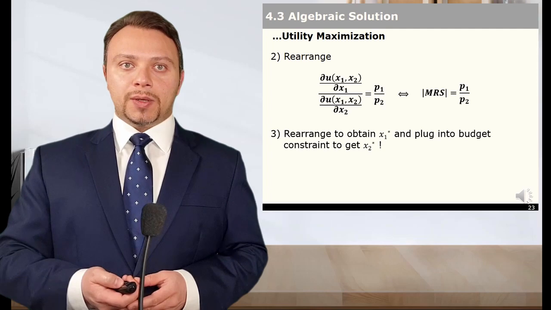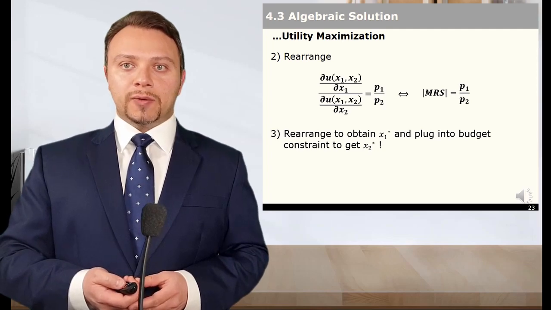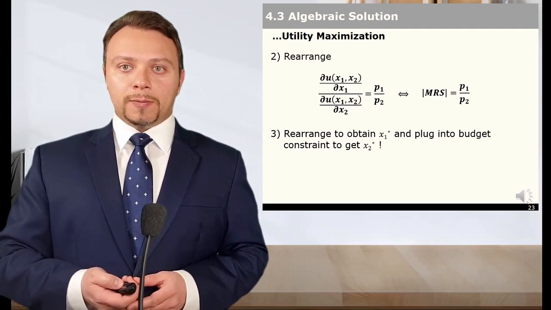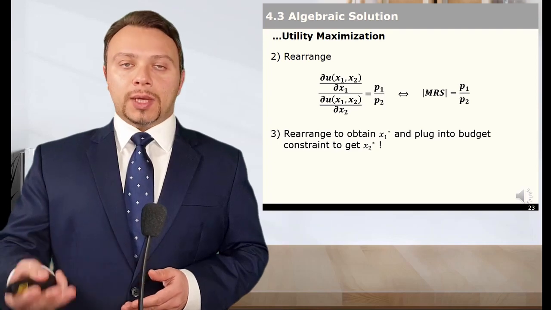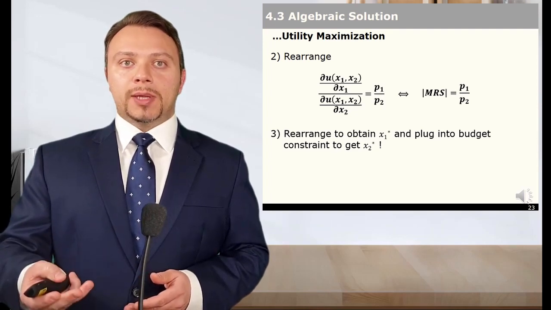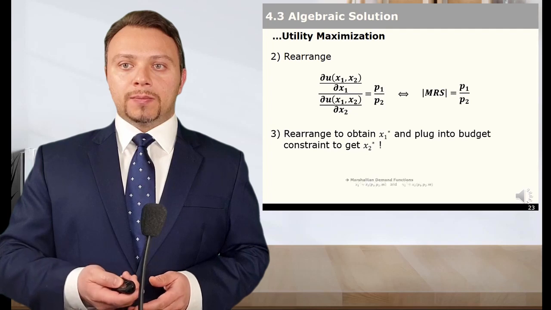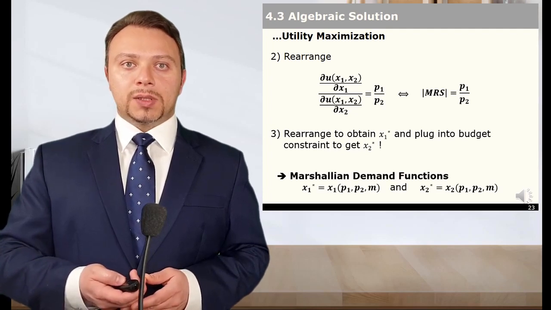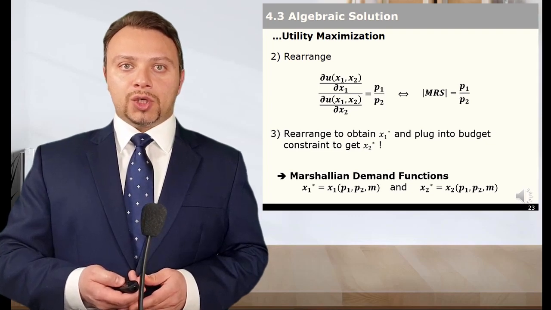So, rearranging this, we get an expression for x1 depending on x2, for instance. Now we can plug it into our budget constraint, and the result of this calculation will be the so-called Marshallian demand functions.